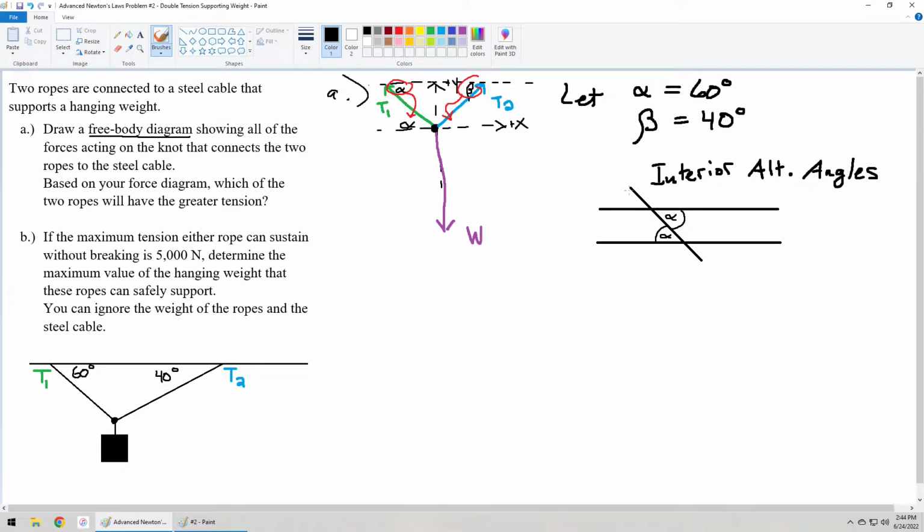It doesn't matter whether I have a line that's slanted this way or slanted the other way. For the sake of completion, I will draw where beta would be located, which would be right here. Right here is beta.